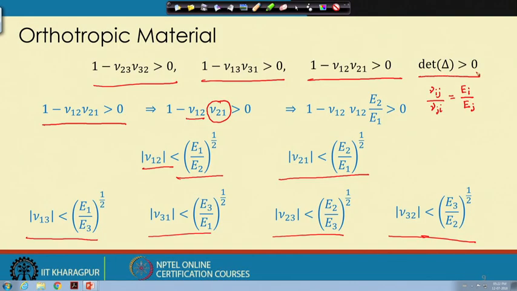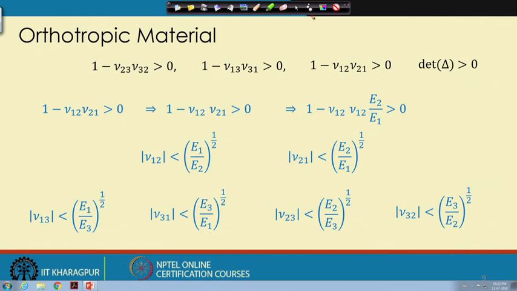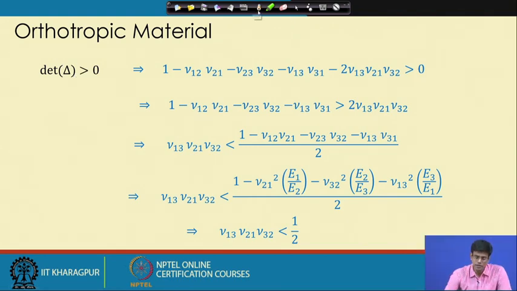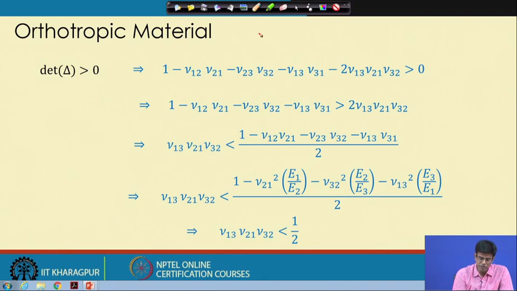Now, we will see what this condition means. So, let us go for this. The determinant of delta should be greater than 0. If I express the determinant, it will be this, and this should be greater than 0. Now, if I do some manipulation, I take this term to this side and take 2 down here.